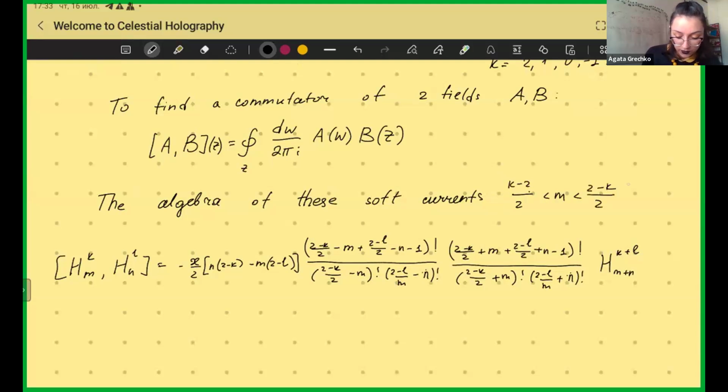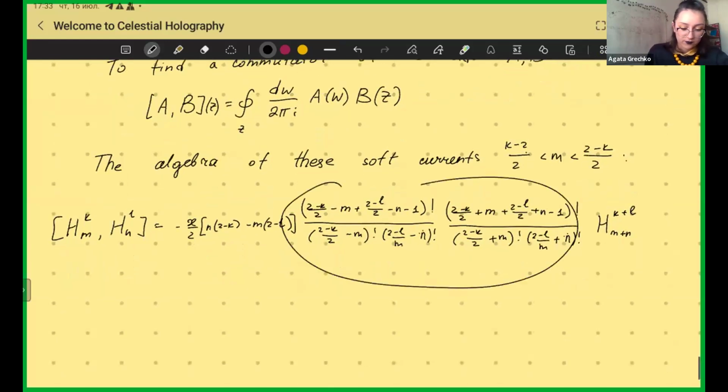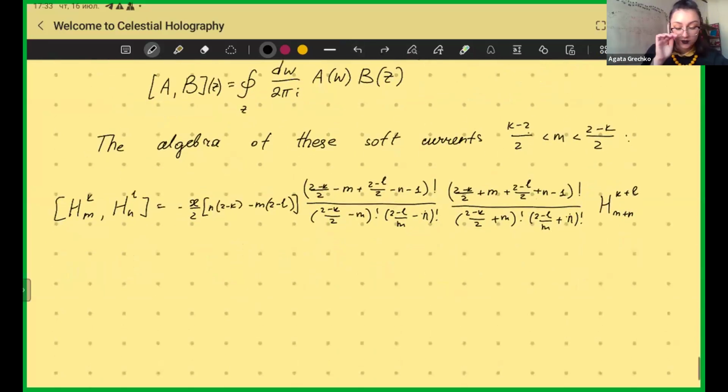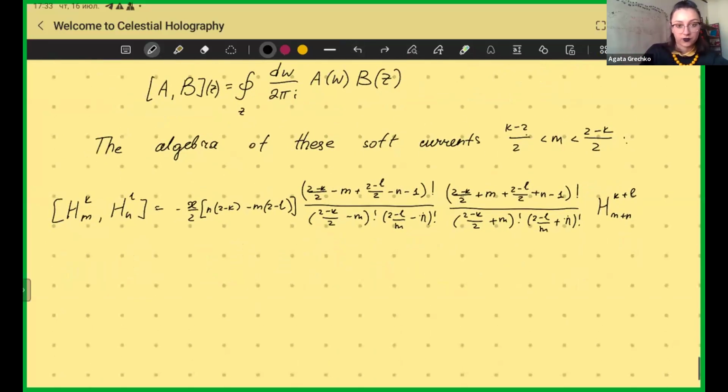There is also this constraint. So I would say that it should be just factorials. But anyway, it's not the point. It can be just some coefficient depending on the indices, on the orders of the soft gravitons. But yeah.